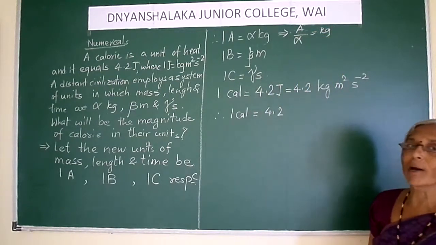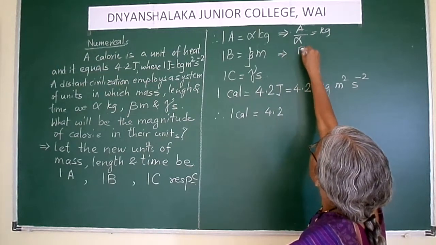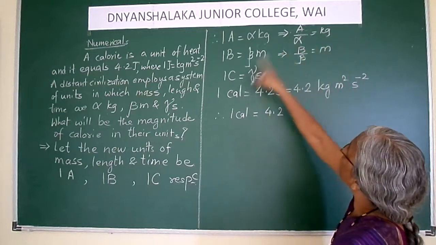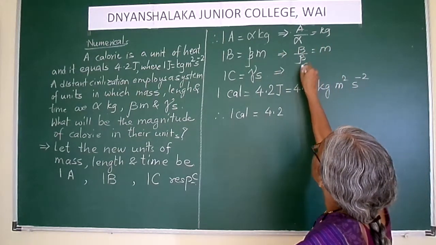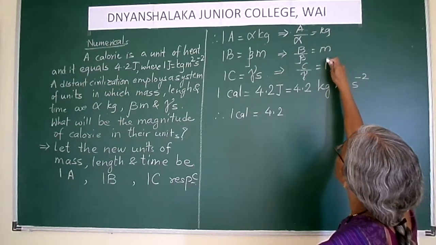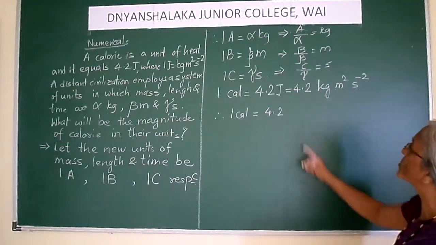Similarly, B upon beta will be equal to 1 meter, and C upon gamma will be equal to 1 second. Am I right? So just put those values over here.